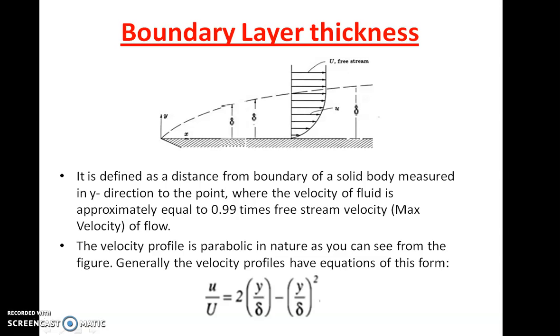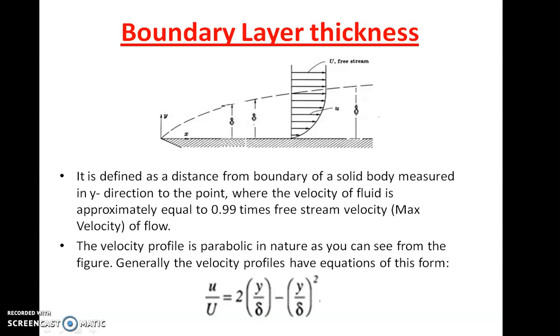By definition, it is the distance from the boundary of a solid body measured in y direction to the point where the velocity of the fluid is approximately equal to 0.99 times the free stream velocity. That means near about equal to the maximum velocity. So in the figure, delta represents the boundary layer thickness, and as you see, this thickness is a function of x. So as x goes on increasing in horizontal direction, as you go along the length of the plate, the boundary layer thickness also goes on increasing.